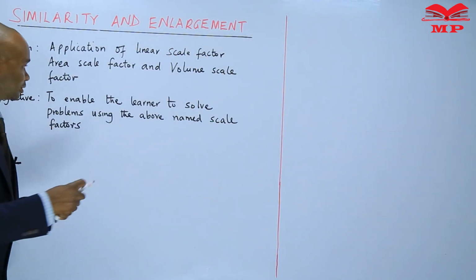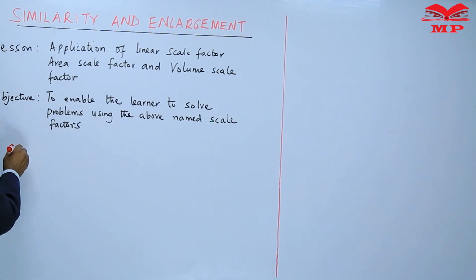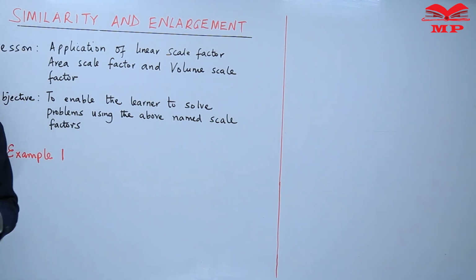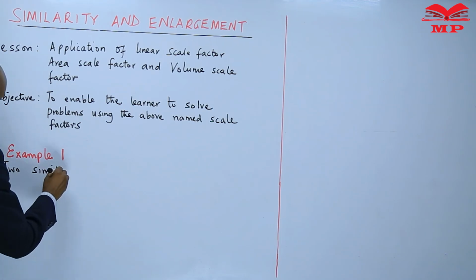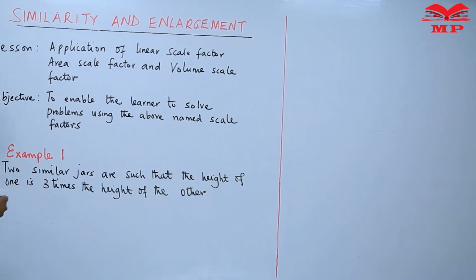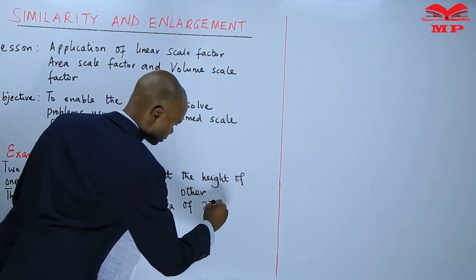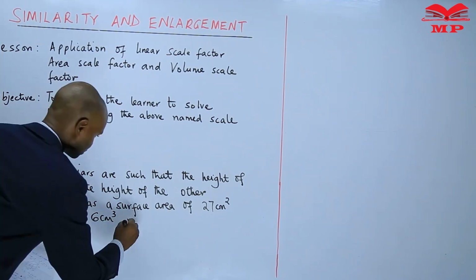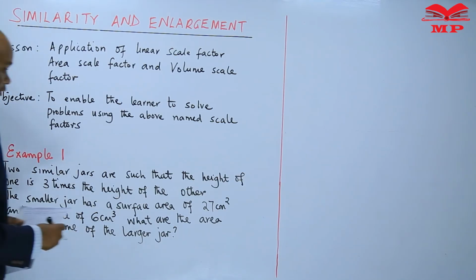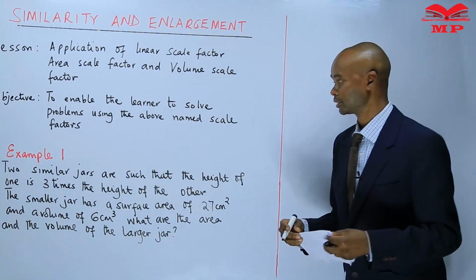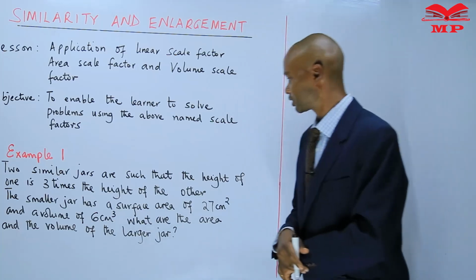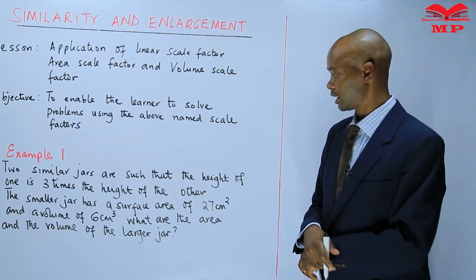So there is example 1. Two similar jars are such that the height of one is 3 times the height of the other.